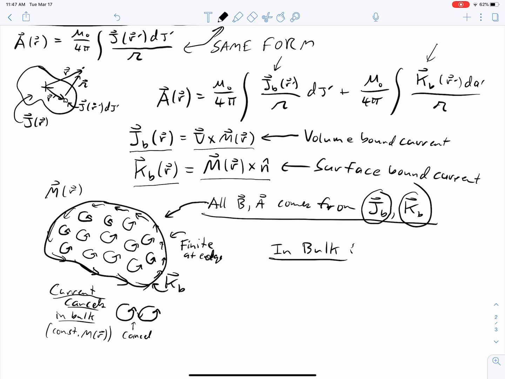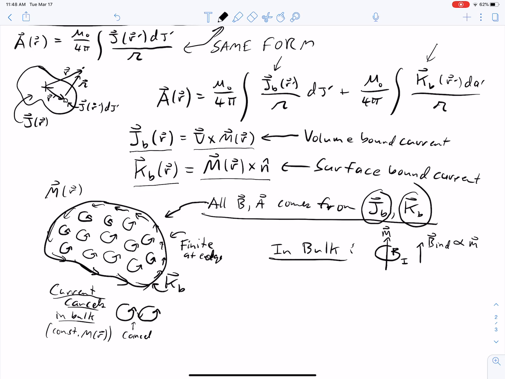In the bulk I have these current loops, and they give rise to a magnetic moment. The magnetic field induced by that current loop is parallel to M, pointing in the same direction. It's very closely related to it.